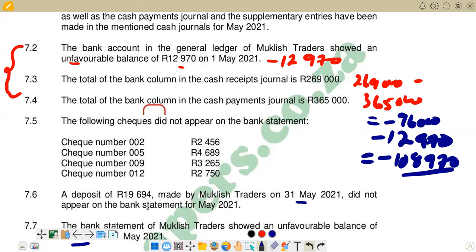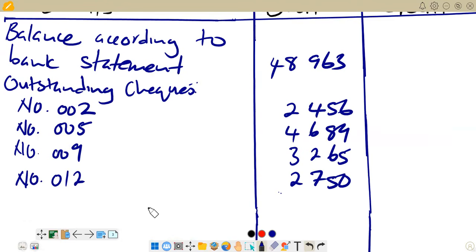So we've got 19,694. So this is also an outstanding deposit. So we come here, and here we say outstanding deposit.